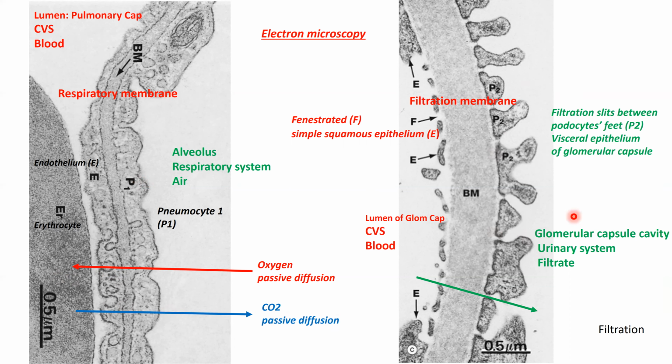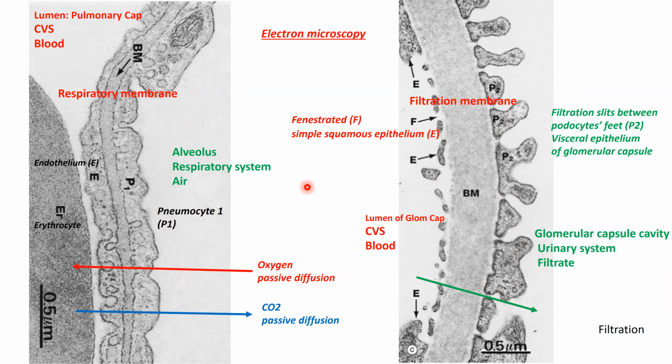On the right side, if you look at it, it is very similar. However, the filtration membrane barrier is much more leaky because the simple squamous epithelium is fenestrated. On the blood side, more leaky. And on the right side, the podocytes also have spaces between the feet, much more leaky than the pneumocyte 1.